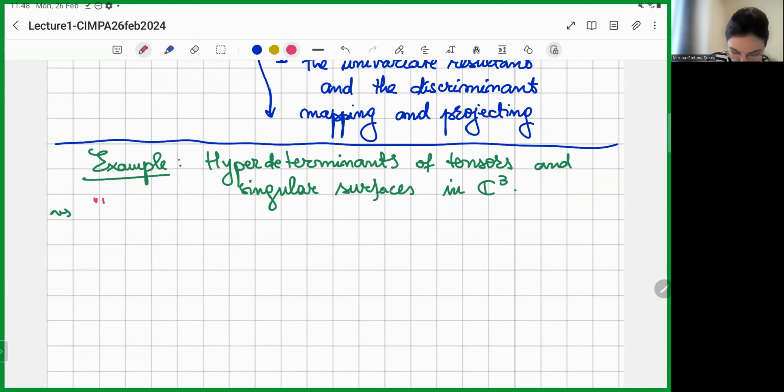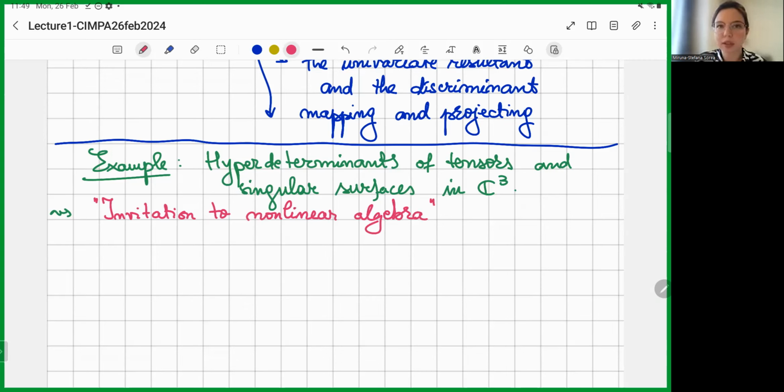This is called Invitation to Nonlinear Algebra. I mentioned it in the abstract, so you can find the details there. By Michałek and Sturmfels. Here you can find these examples, some of the things I'm saying in what follows.